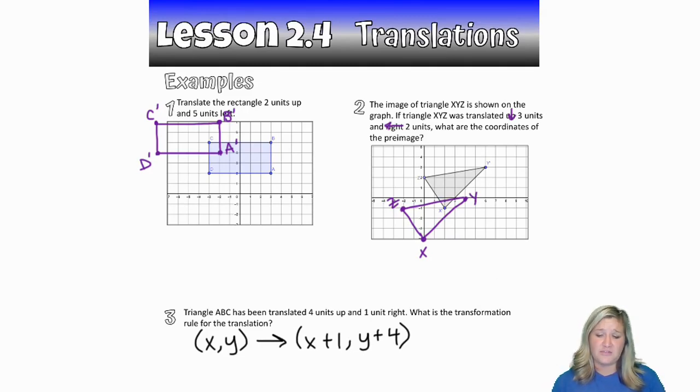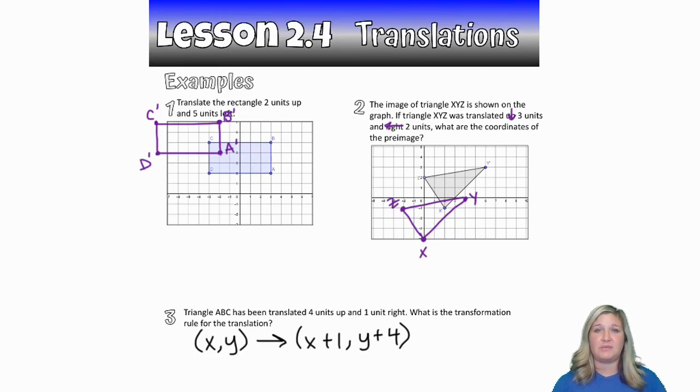So we've looked at a lot of things here. We looked at just moving the shape. We looked at, here's the image, where did it start out before this transformation? And then we looked at writing the rule. Writing the rule looks more algebraic, and the other ones look more geometric with the shapes. So this is it for transformation.